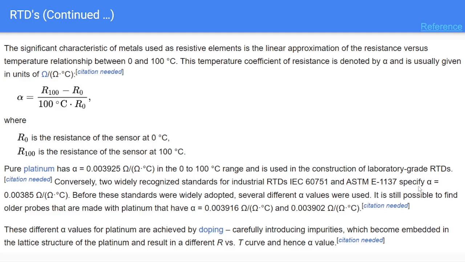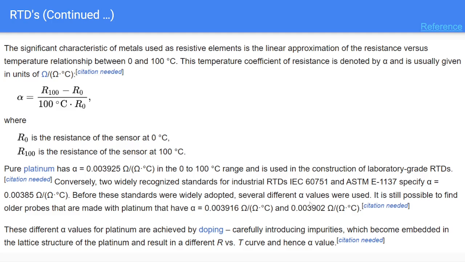Based on these standards, alpha for platinum RTDs is 3.85 milliohms per ohm degree Celsius, and they are widely adopted. That's why we are discussing it.